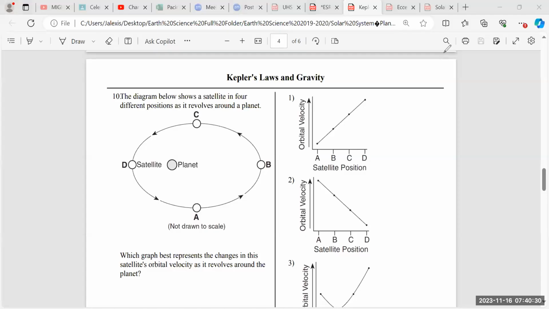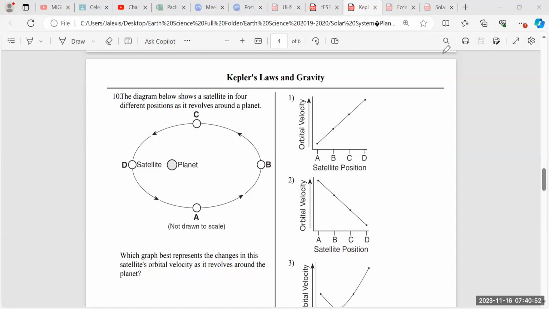All right, number 10. Number 10 says the diagram below shows a satellite in 4 different positions as it revolves around a planet. It asks which graph best represents the changes in the satellite's orbital velocity, its speed, as it travels around the planet. So remember Kepler's second law.